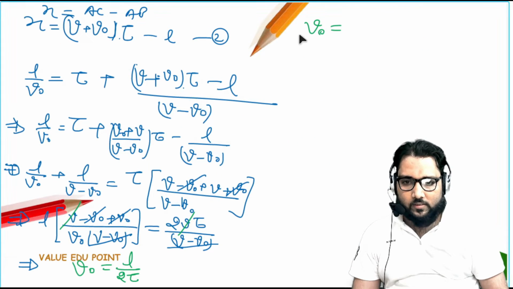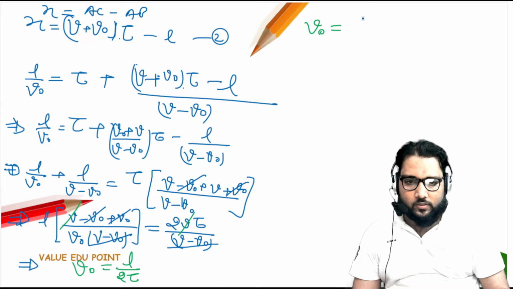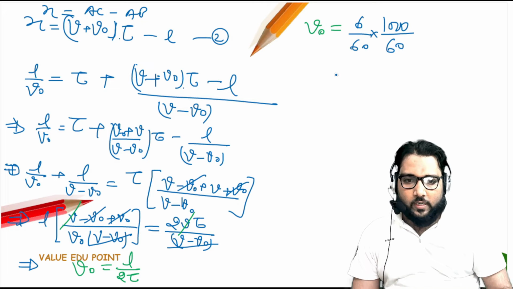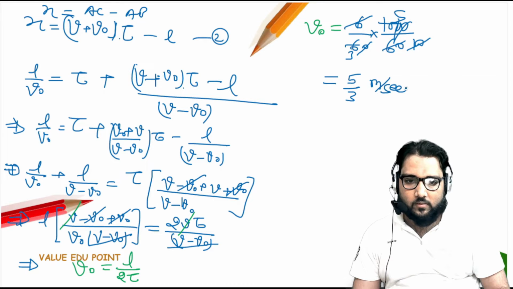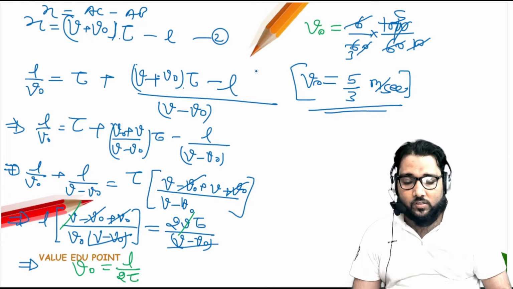So this kilometer we can convert into meter, and minute we can convert into second, that will be into 60. So guys, if you further solve it, this 10 will come, here 100, 1 1. If you try 3, this is 5. So it comes out to be 5 by 3 meter per second. Okay guys, this is the stream velocity.